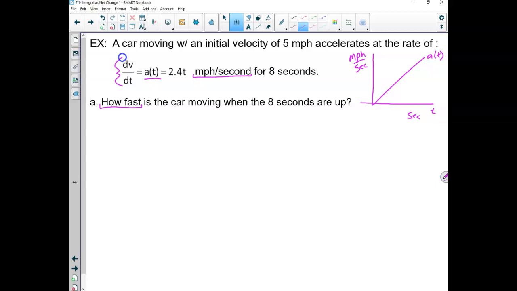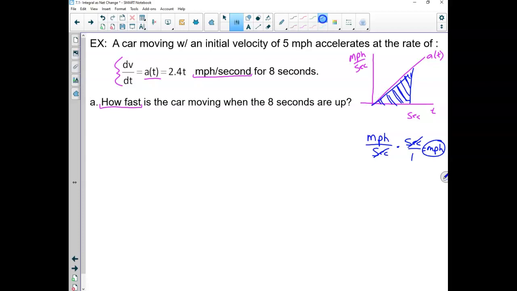If I am coming across here and I am accumulating underneath my acceleration curve, finding area, what I'm doing is taking miles per hour seconds times seconds, which is going to give me miles per hour, all right? We might have some conversions we need to do here. And miles per hour seconds is a weird unit of measure. But if I accumulate acceleration, it gives me velocity.